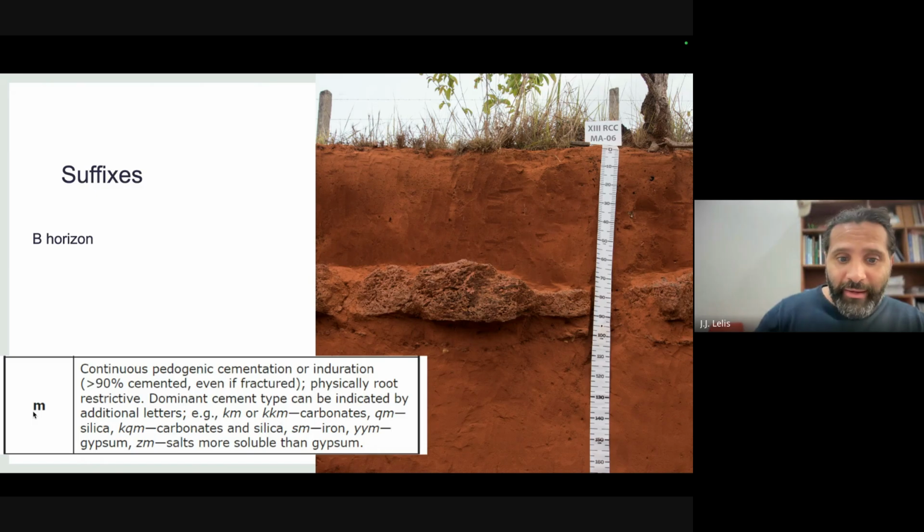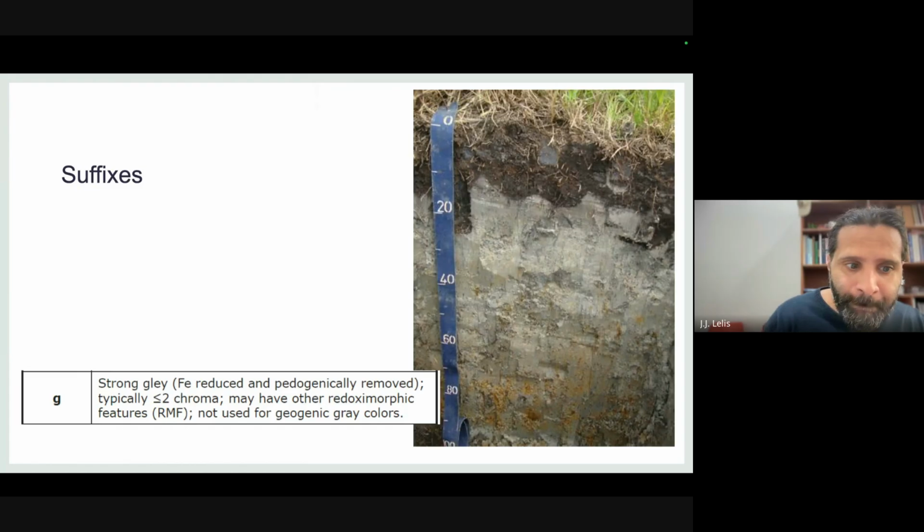So I need to combine the letter M with the source of the cementation, because I'm just saying that I have a strong cementation, and almost or 100% of that specific layer or horizon is cemented by something. In the majority of cases, we have iron cementation, but we also can see others. So the letter M, I need to combine with another letter that shows the source of this cementation, okay?